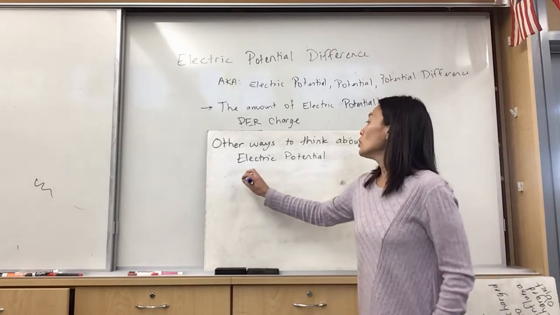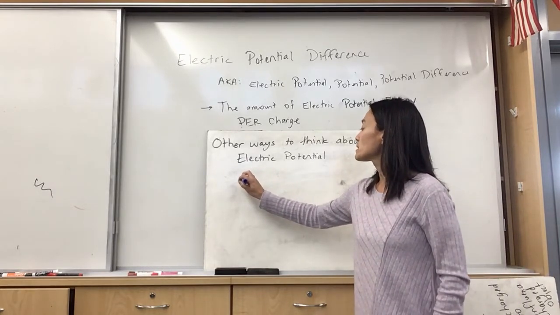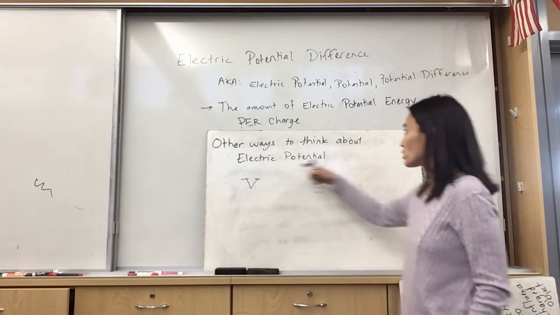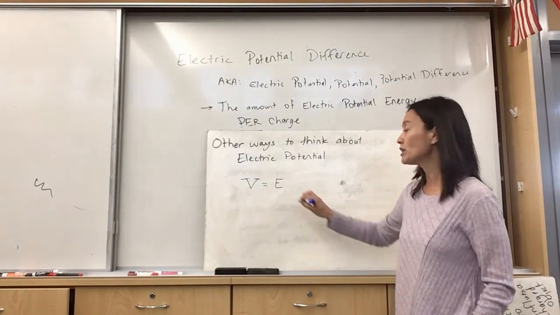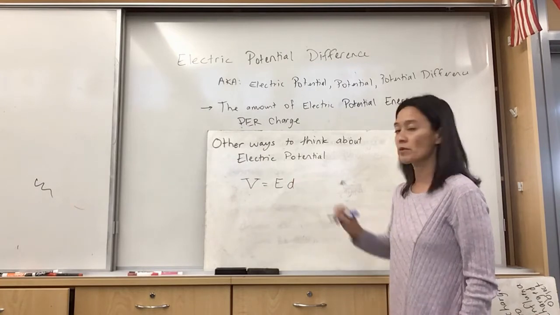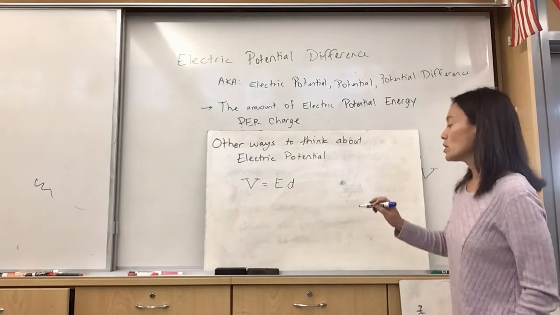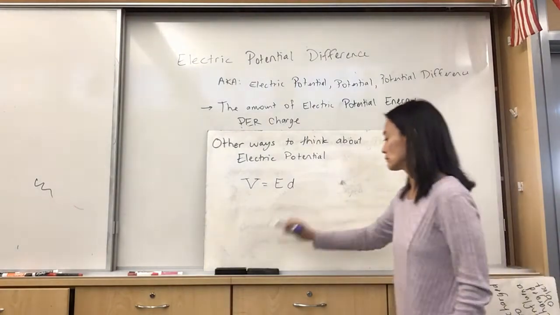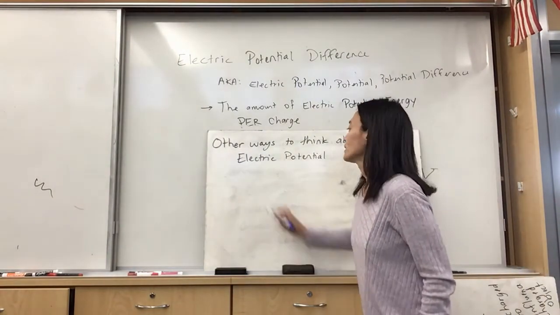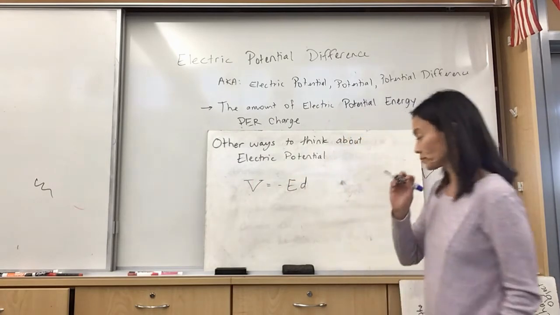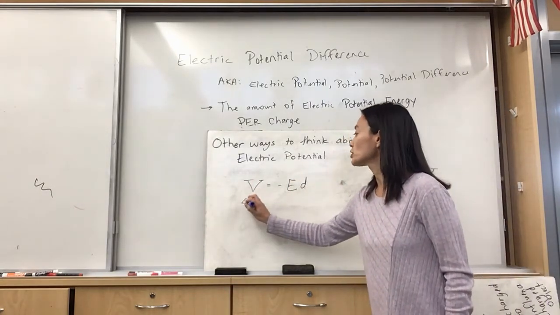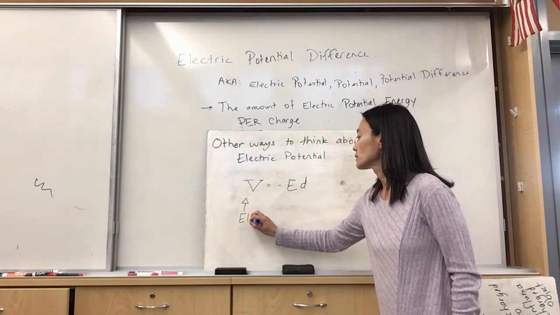So another way to think about electric potential is an object's electric field times the distance from that electric field. Okay, this is the electric potential of an object.